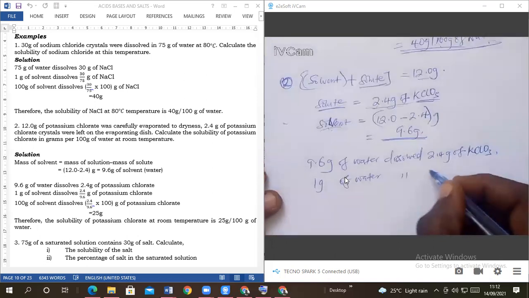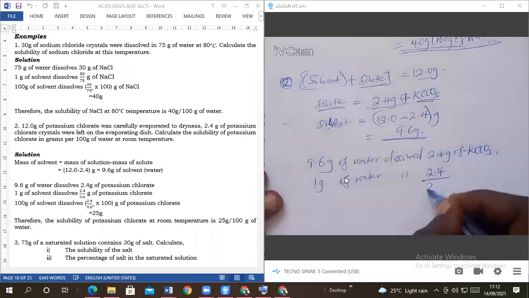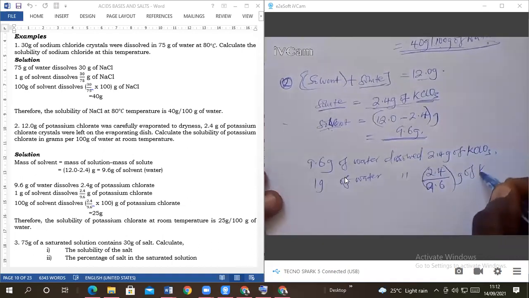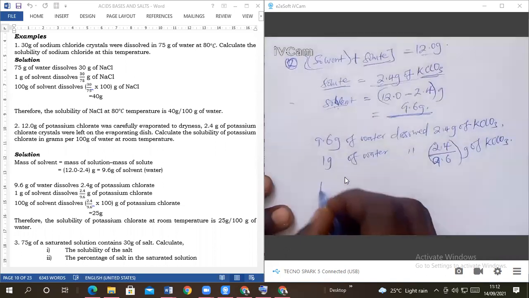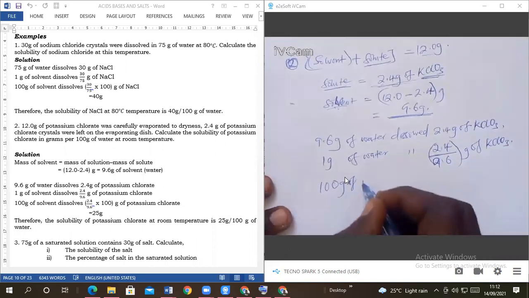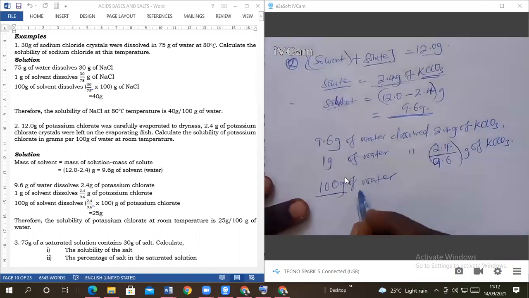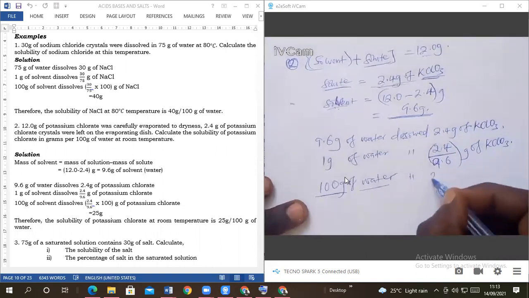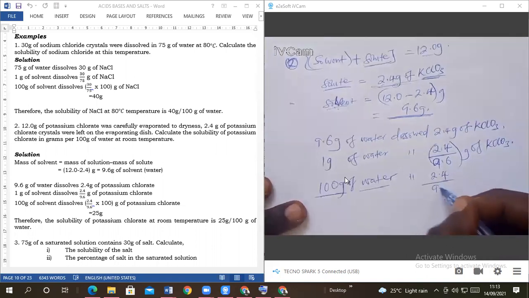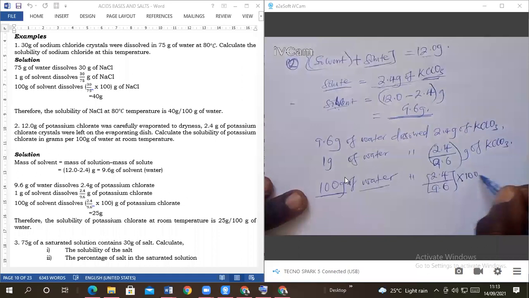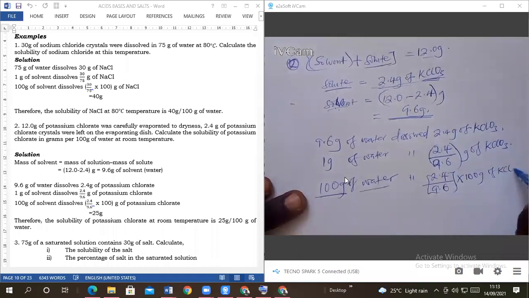It dissolved 2.4 divided by 9.6 grams of potassium chlorate. What about 100 grams of water? Because solubility is at 100 grams of water. 100 grams of water dissolved 2.4 divided by 9.6 times 100 grams of potassium chlorate.